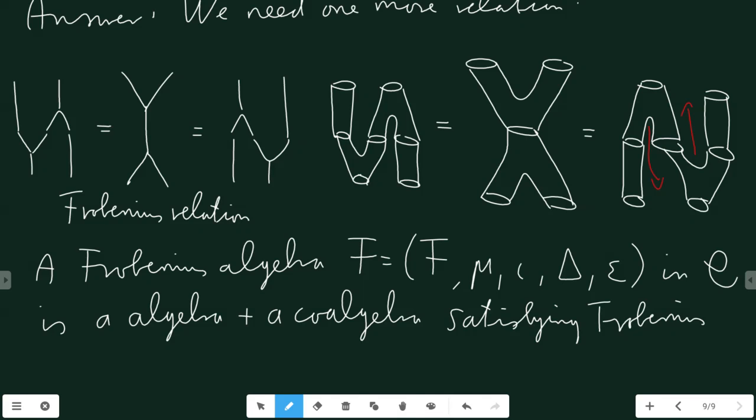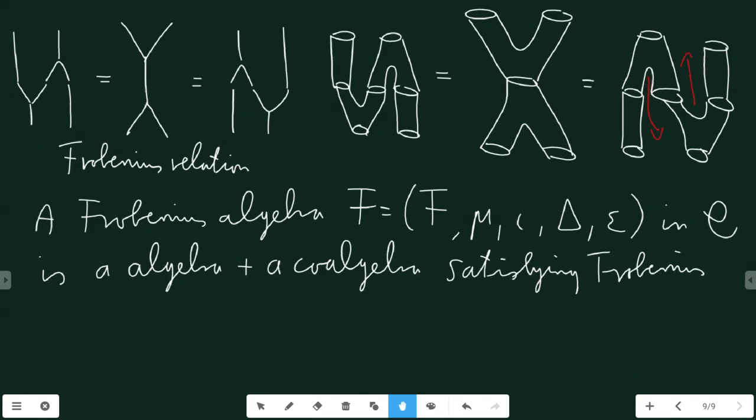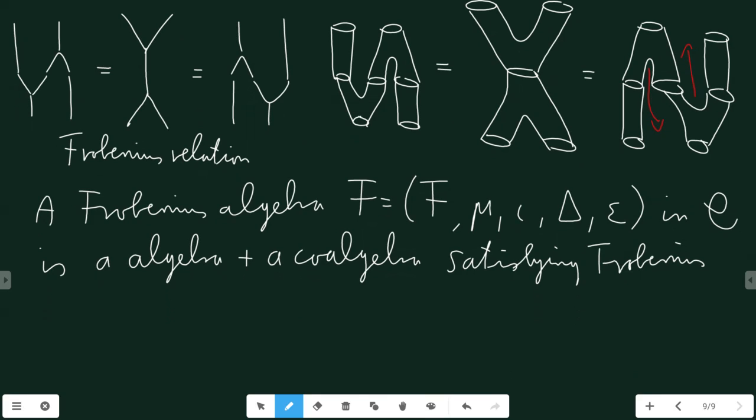And the example, which I will put right here, is of course this guy is a Frobenius algebra.